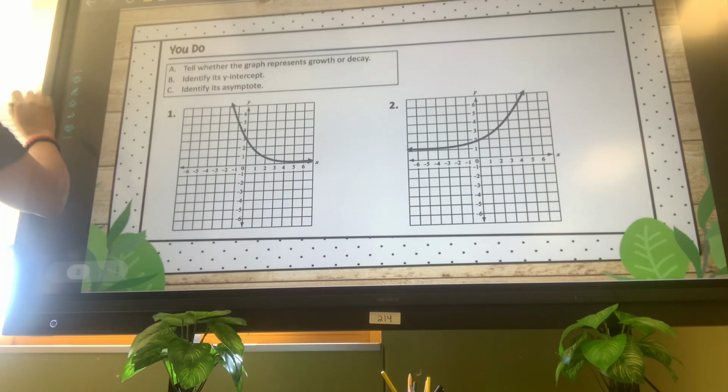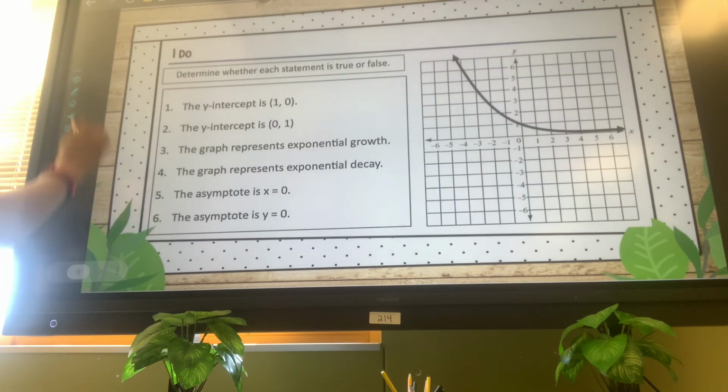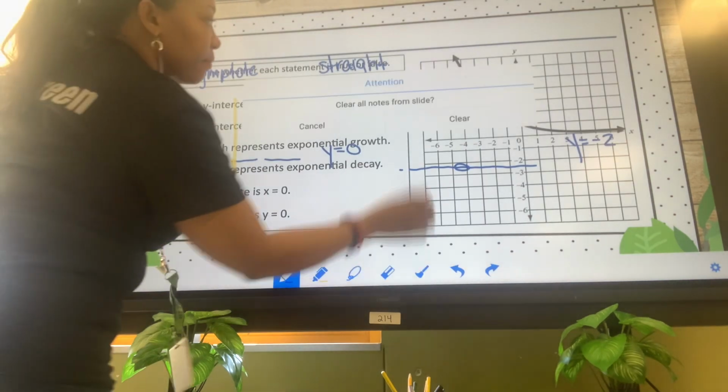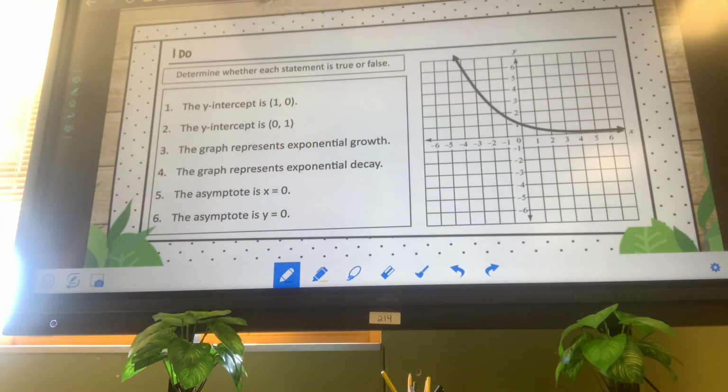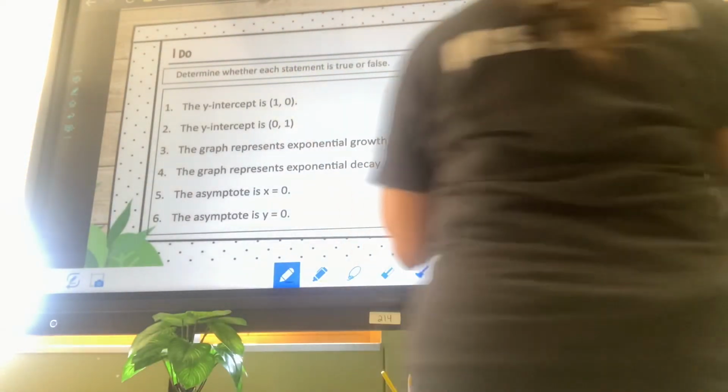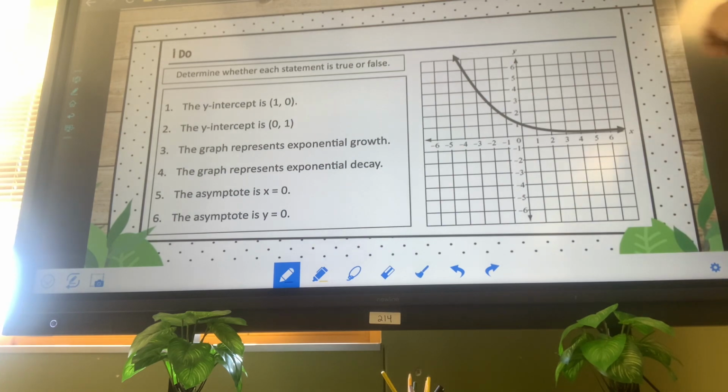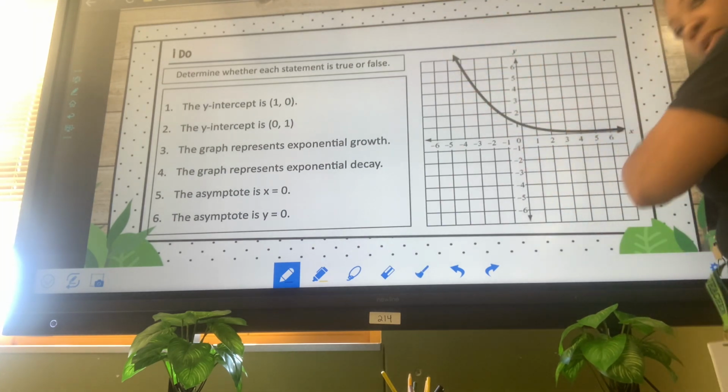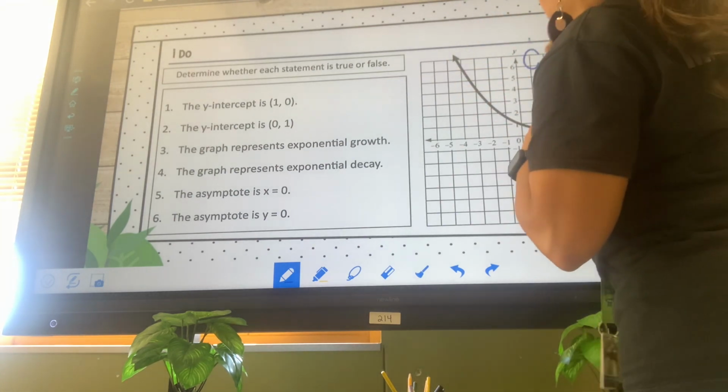All right, so now we've got some You Dos. You may see some statements on the graph. The first thing I need you to do is make sure you do your part. You come over here and write all the information you know about this graph. It's going down from left to right, so we should know this is decay.